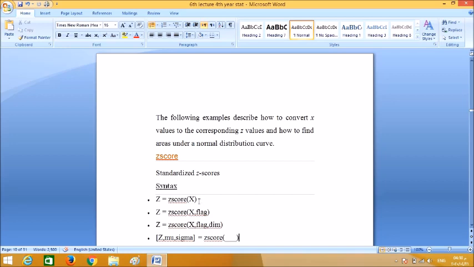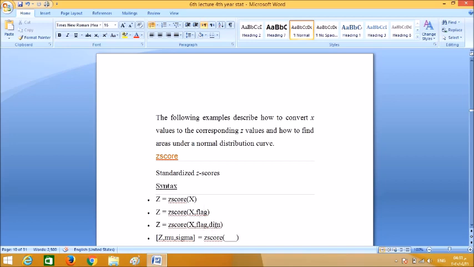When computing the standard deviation for a sample, the denominator will be n minus 1. For a population, the denominator will be n. So the z score for a population is not equal to the z score for a sample.